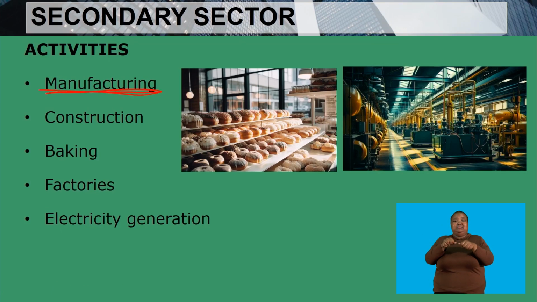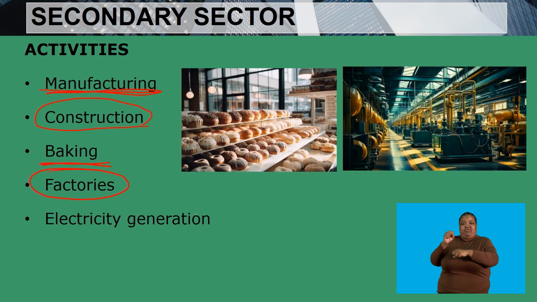So they take the products and turn them into semi-finished or finished products. We also have construction, where you will see buildings being constructed on a daily basis. We have baking as well, and these things happen in factories. We also have electricity generation. So you must know that the light that you are seeing is because there is manufacturing of power happening in the secondary sector.